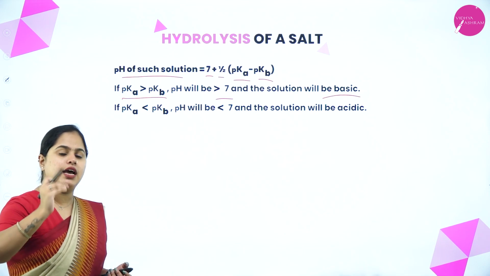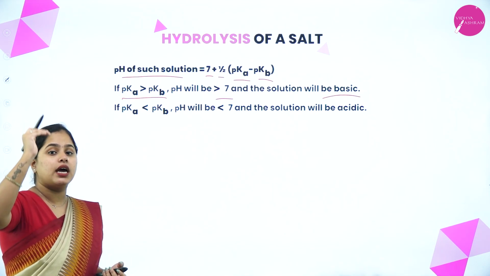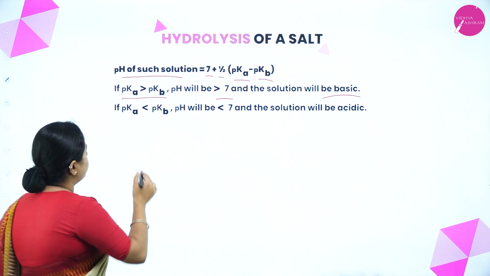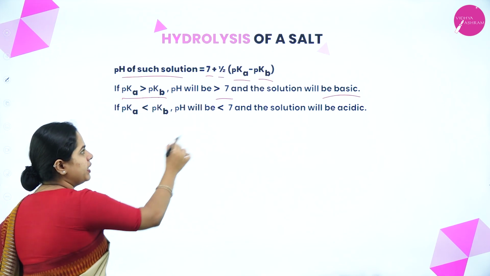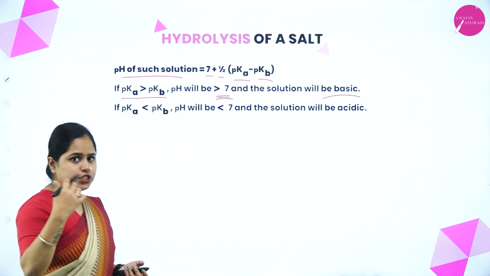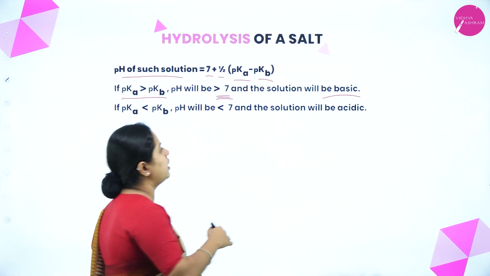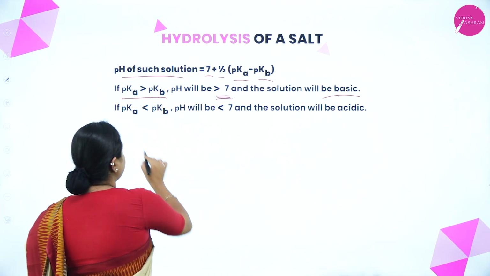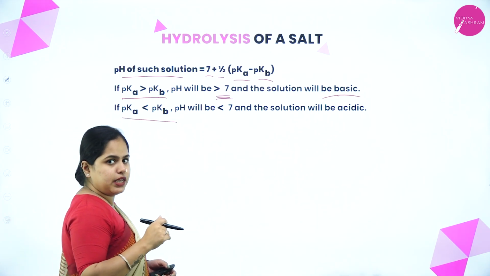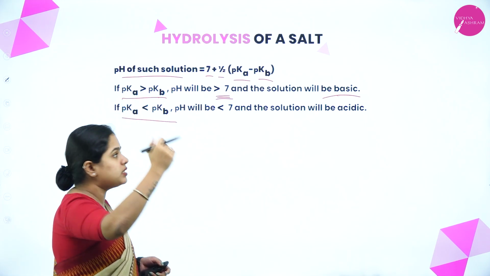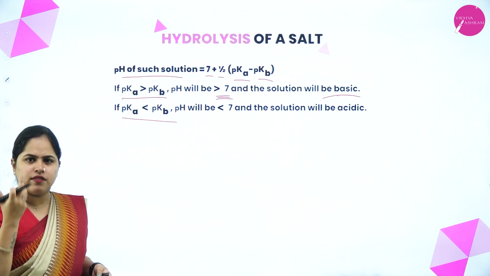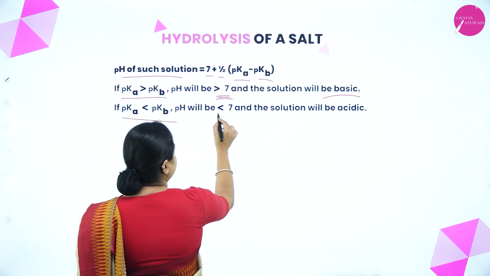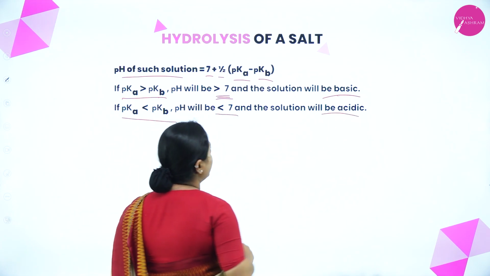Ka should be high, then acid will be strong. If pKa is high, it means the acid is weak. So if pKa is greater than pKb, pH will be more than 7. So if pH is more than 7, we know that it is going to be a basic solution, right? And if pKa is less than pKb, that is pKb is more, means your base will be very weak. So that means pH will be less than 7 and the solution will be acidic.